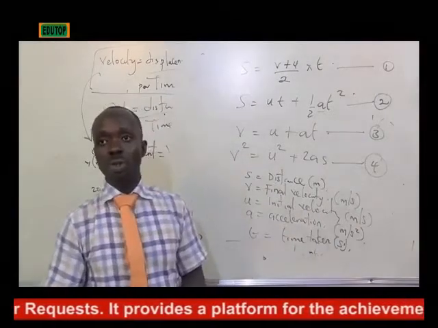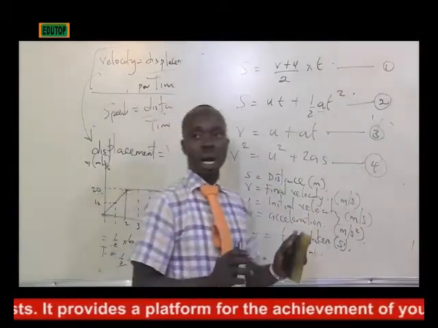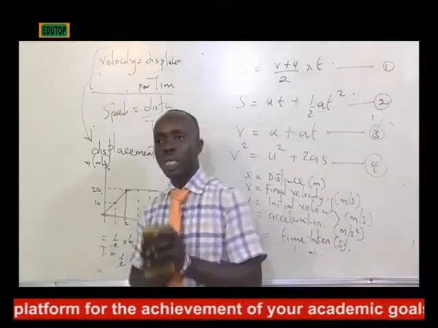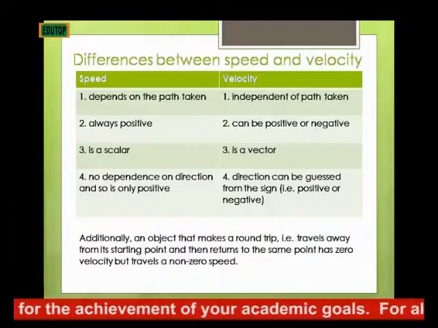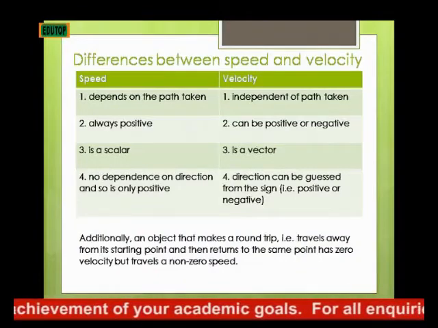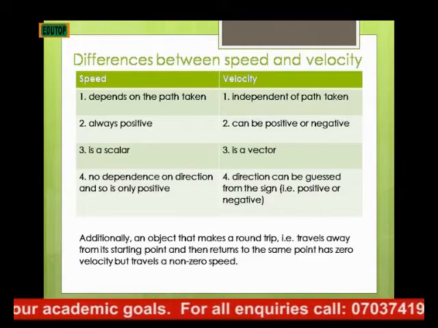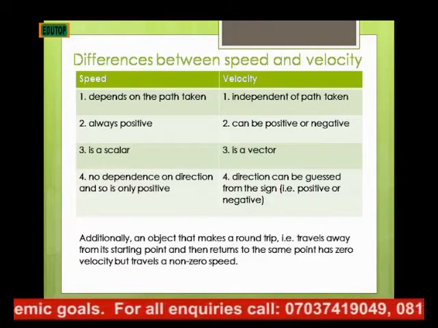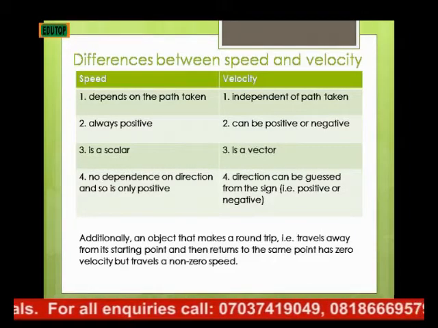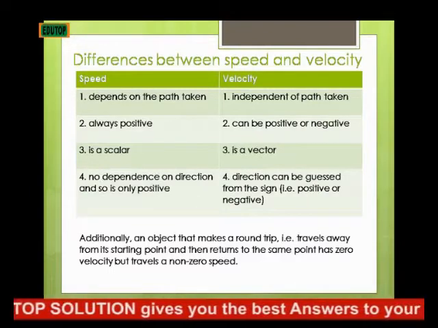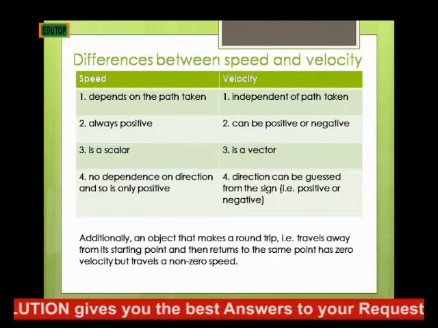So now let's go to the actual differences between speed and velocity. They are two different things, speed and velocity. Now we're looking at the two differences between speed and velocity. Number one, from our slide, we'll be able to realize that speed depends on the path taken, while velocity is independent of your path.